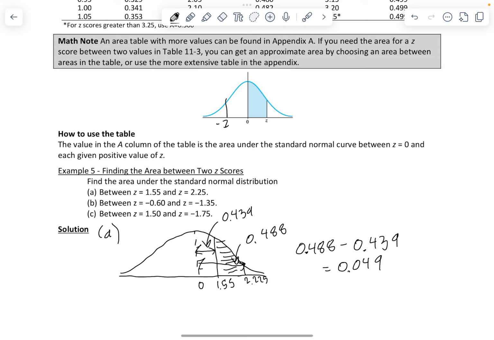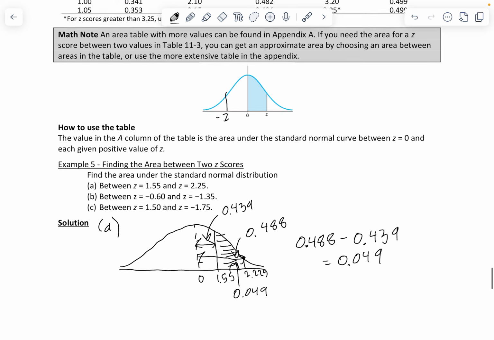Okay. So the shaded area, what I want, is 0.049. It's the area between the z-scores 1.55 and 2.25. Okay.